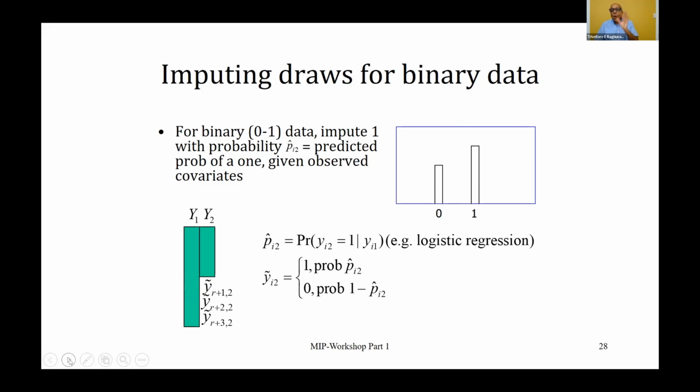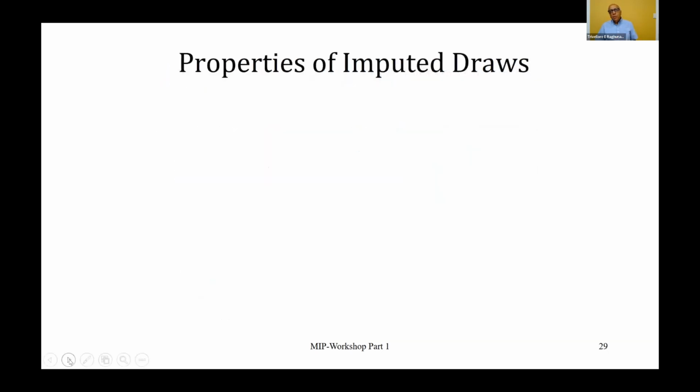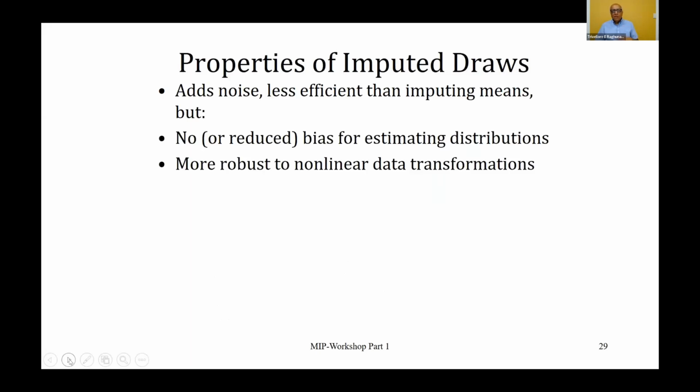So the proper way of doing that is to incorporate the uncertainty in the estimates of the model parameters and then draw from that. Doing it in a more Bayesian way is the proper approach. That's what we'll be doing in most of the examples of the software packages that we'll be talking about.